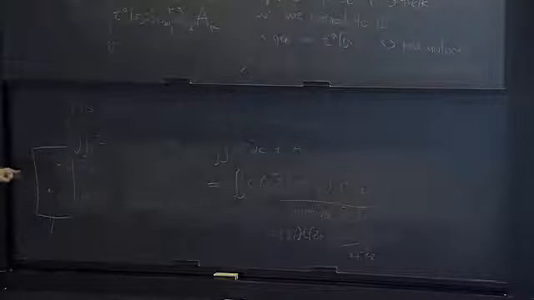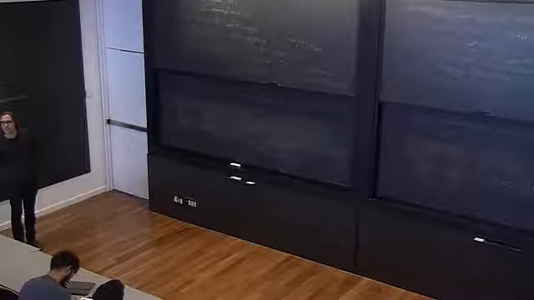And that must cancel that one, and that forces you to get the 1 over z1 minus z2 pole. Okay, is it making sense?